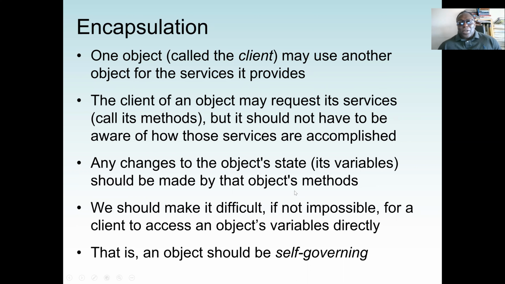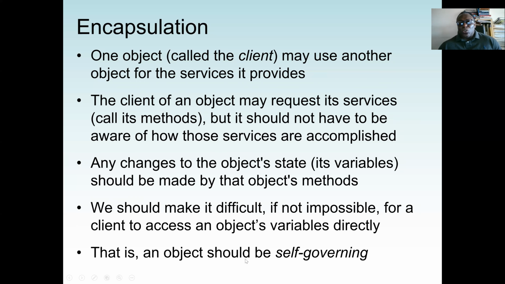We may discuss that also. We should make it difficult, if not impossible, for a client to access an object's variables, which, as we said, is very important. The variables, the data. Again, the concept of encapsulation is security.